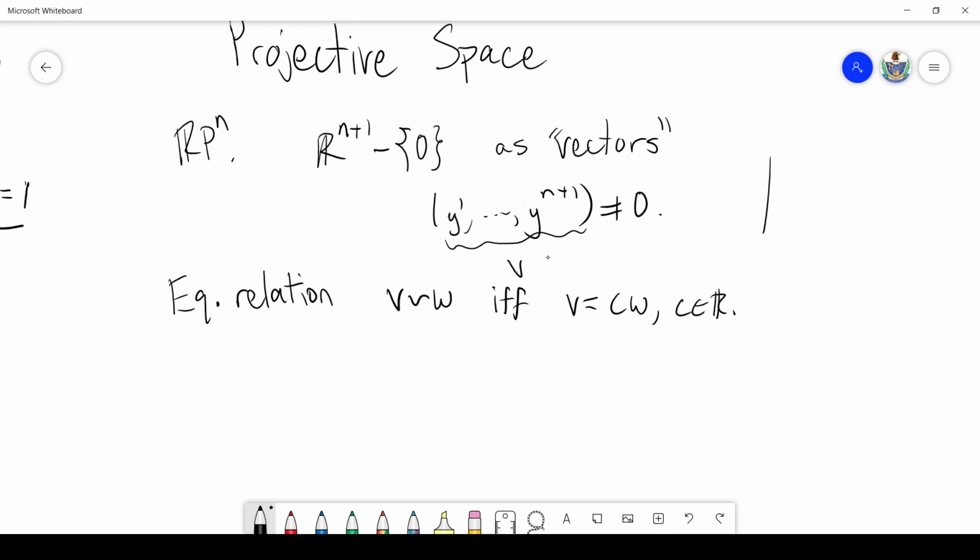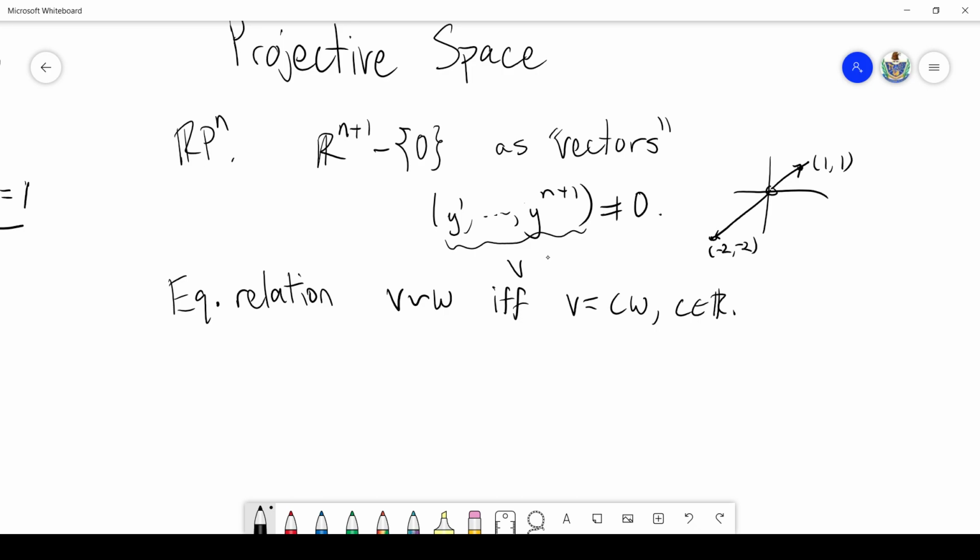So what this is saying, if we consider the real plane minus 0 here, if I have this point (1, 1), well, I can consider it as a vector here, and I have some other point, like (-2, -2), right?